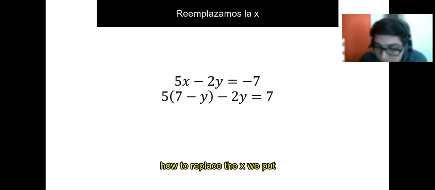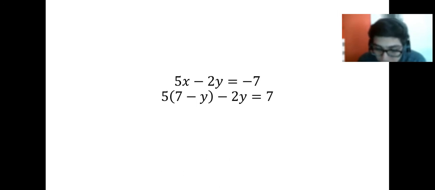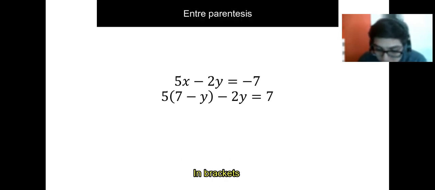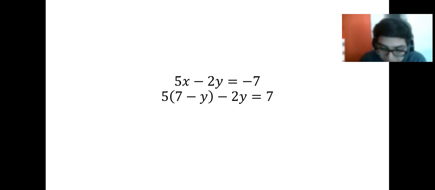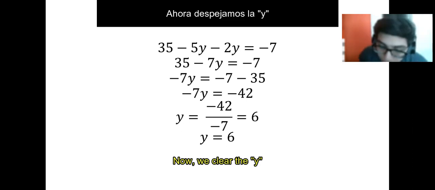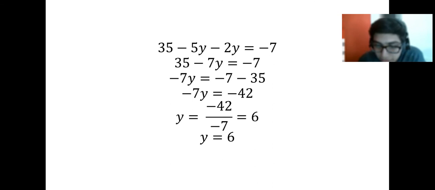We put 5 in brackets 7 less y, less 2y equals less 7. Now we clear the y. 35 less 5y less 2y equal less 7.